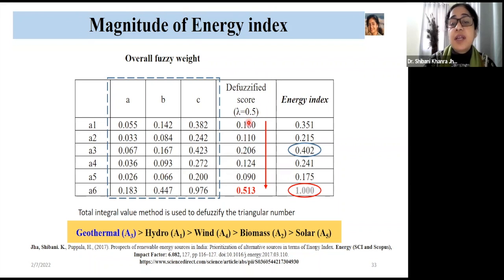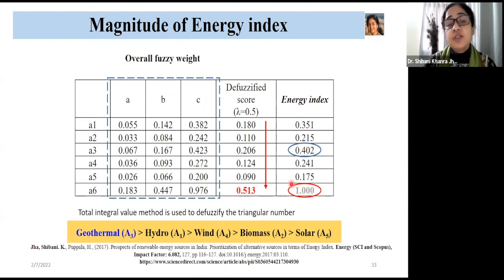With respect to that, you can see the value which is assigned for each of these alternatives A1, A2, A3, A4, and A5, and finally the energy index, which is obtained by dividing each of these defuzzified scores with respect to the score of this hypothetical alternative A6, and then we get the energy index value.